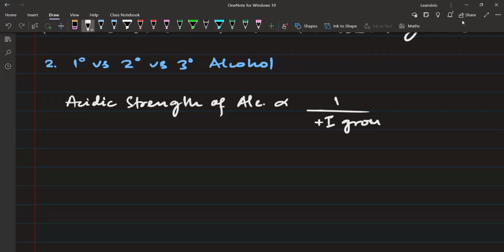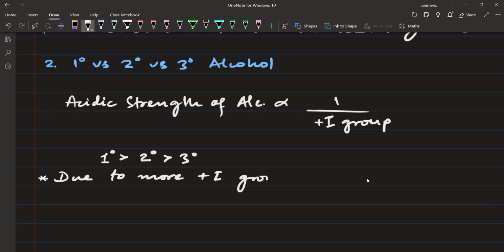Because of the plus I group, the acidic strength was lower. Therefore, we can say that 1 degree will be most acidic because it has the least number of plus I groups, fewer alkyl groups, followed by 2 degree, and then 3 degree alcohols. So why is this particular order? Please write with me: due to more plus I groups in 3 degree alcohol.